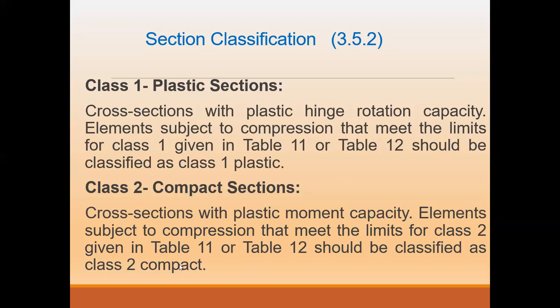Later on, we shall look at the contents given in these 2 tables. We shall see the difference between table 11 and table 12 respectively. So that is the second classification, which is called the compact section.